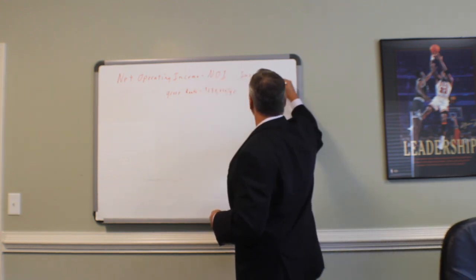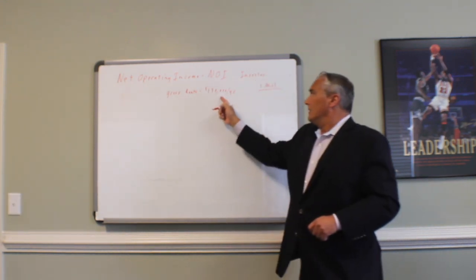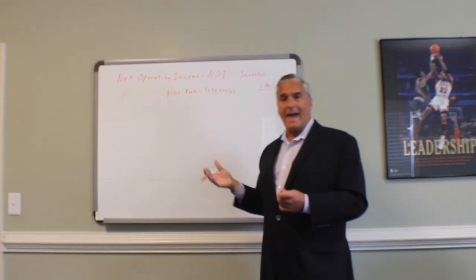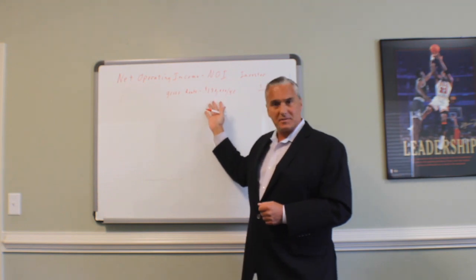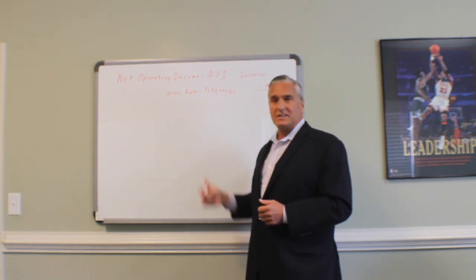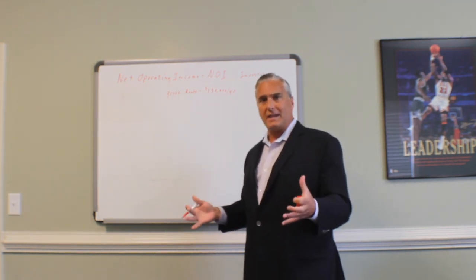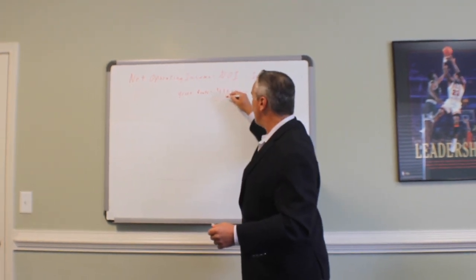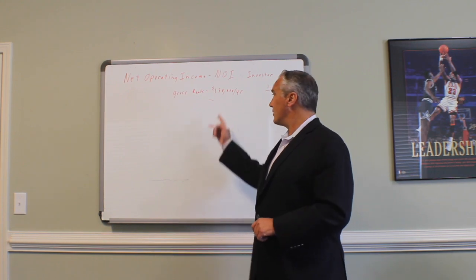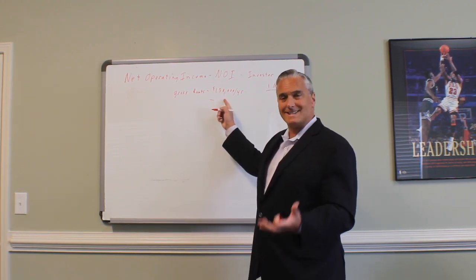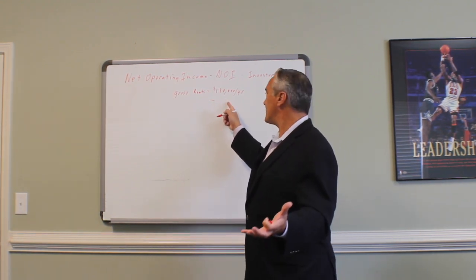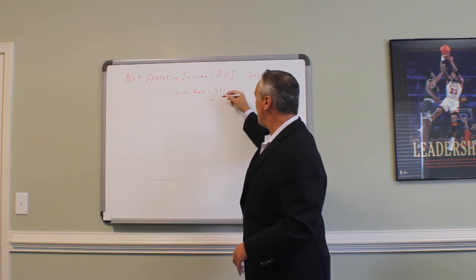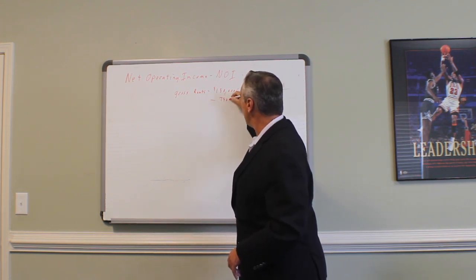We're going to assume that it's 100% occupied. We're still going to take off 5% for vacancy from this number, right off the top. Even though it's 100% occupied, we're going to take off 5% for vacancy. 5% of 150 is $7,500.